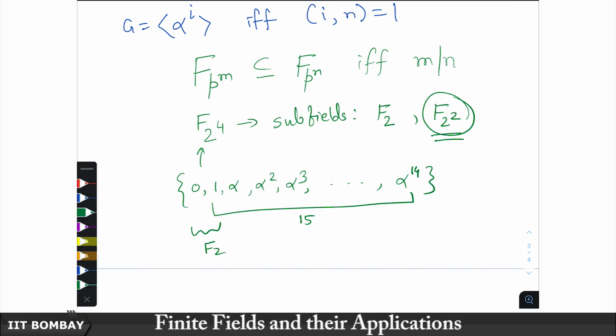Out of these 15, we have to identify a subgroup of 3 elements. And what are those? Well, you can just take alpha 5, you divide 15 by 3, you get 5. So, 1 which is alpha power 0, alpha power 15, alpha power 5 and alpha power 10. These are the 3 non-zero elements, and then you take 0. These give you F2 power 2.